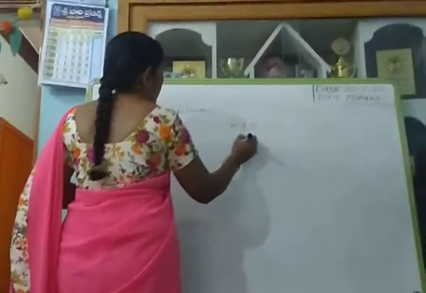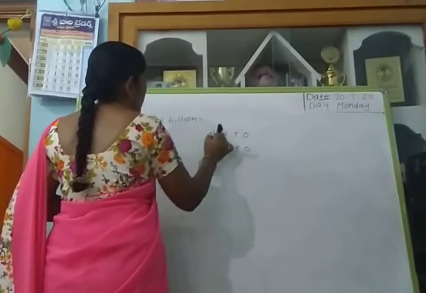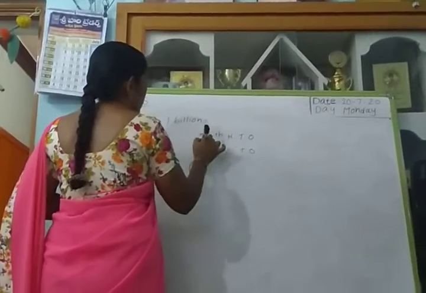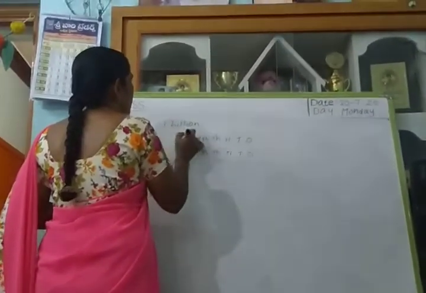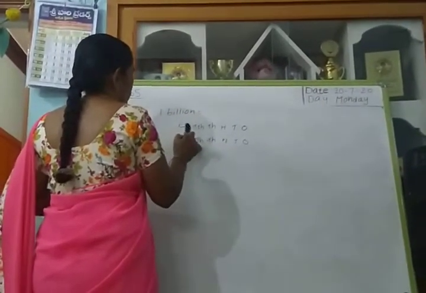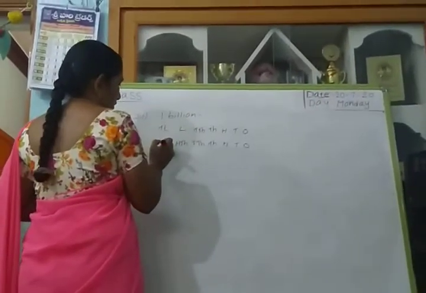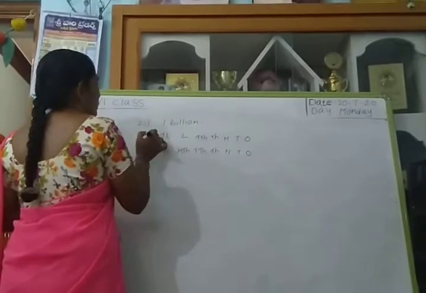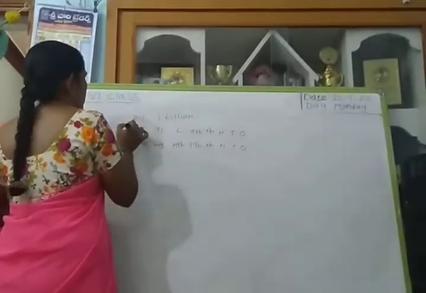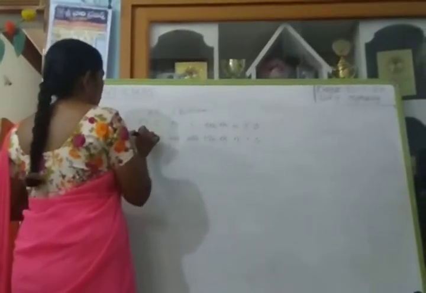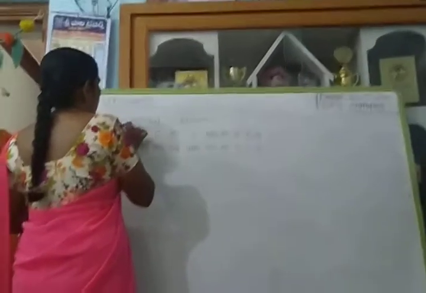Ones, tens, hundreds, thousand, 10,000, then lakhs: 100,000 is 1 lakh, then 10 lakhs. Then million. After 10 lakhs, what will you get? Crore, which is 10 millions, 10 crore. 100 millions is 100 crores, which is a billion.